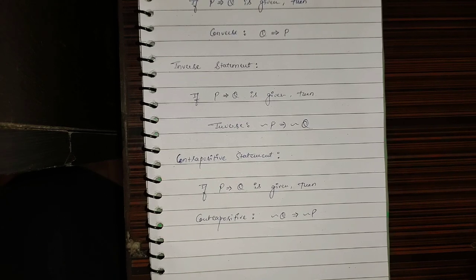It's like saying, if P implies Q was "if it rains, then the grass is wet," then its contrapositive statement would be "if the grass is not wet, then it must not have rained." Here we have swapped the order of conclusion and hypothesis, and we have also negated both of them.